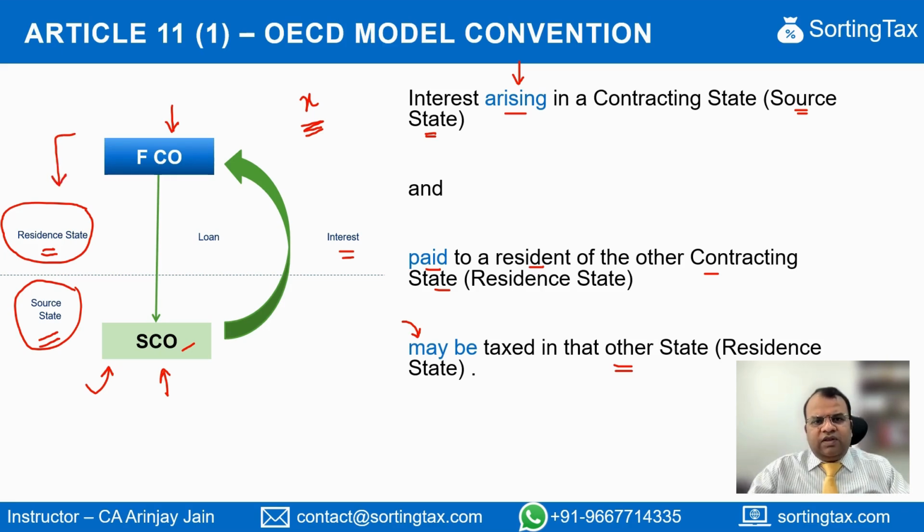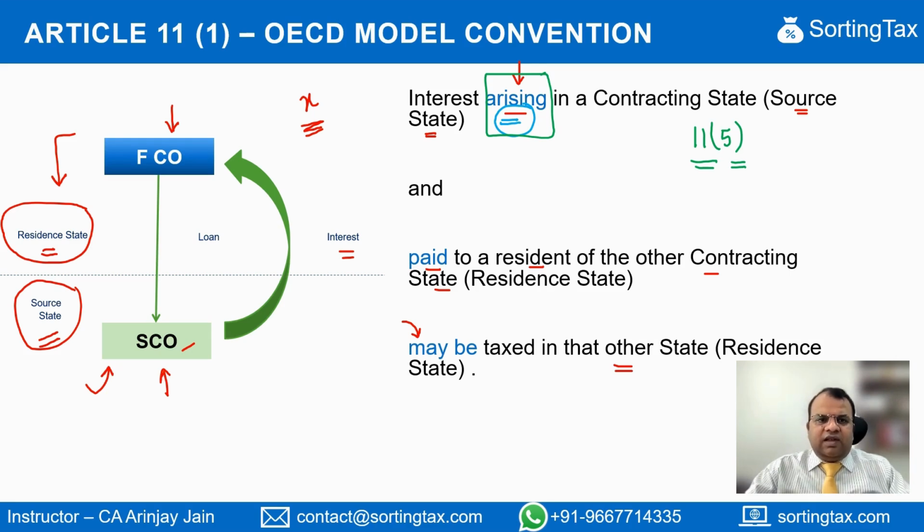Now, some of the things which are relevant here: the first thing is that interest should arise in a contracting state. When can the interest be said to be arising in a contracting state? That is something that we will discuss in detail when we discuss Article 11(5). This particular point is not similar to the taxation of dividend, which is Article 10.